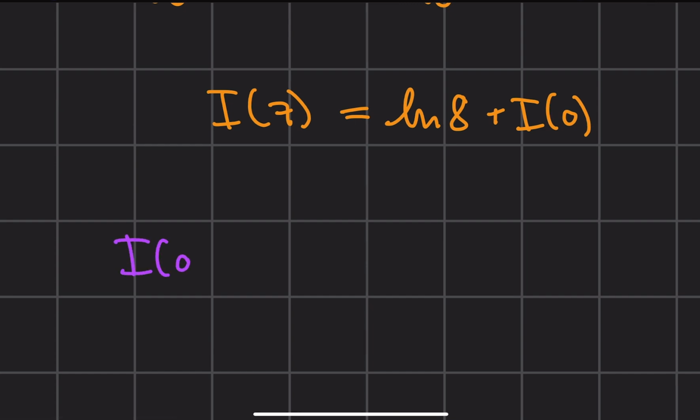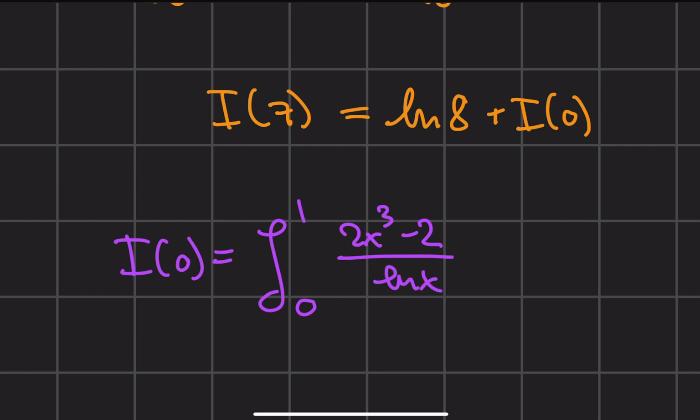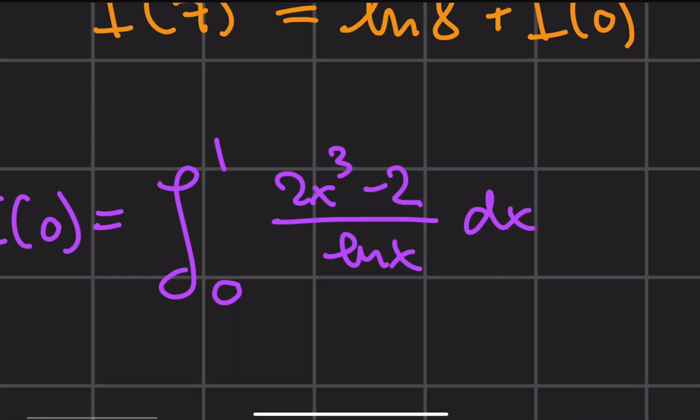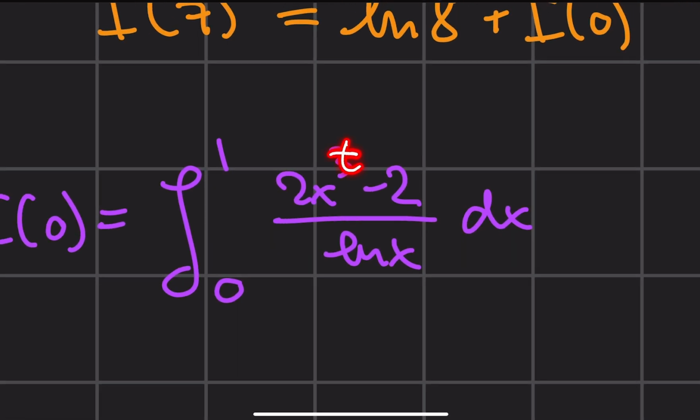I of 0 equals the integral from 0 to 1 of (2x^3 - 2) over ln x with respect to x. Now, make an observation. If this exponent were to vary in the t world, and we evaluated this at t equals 0, what would happen? Well, this would become 1, and we would have 2 minus 2.